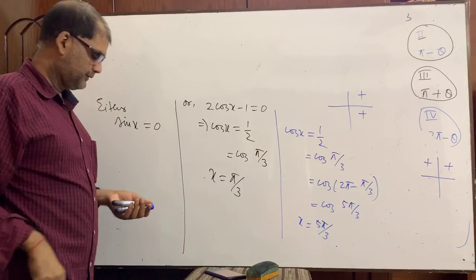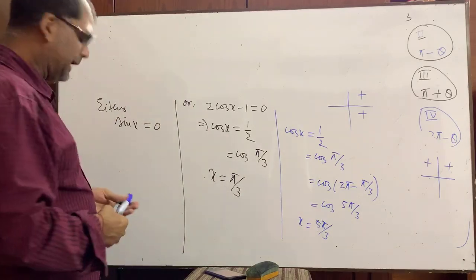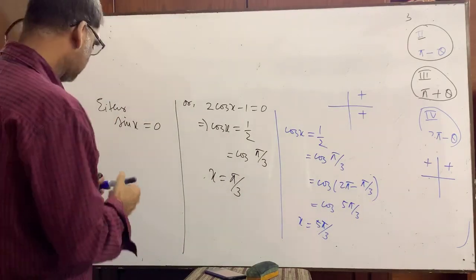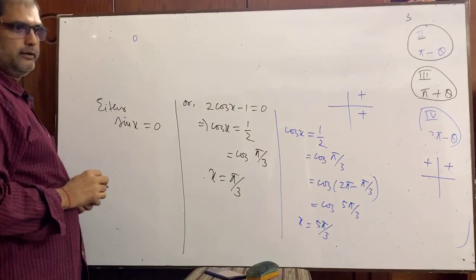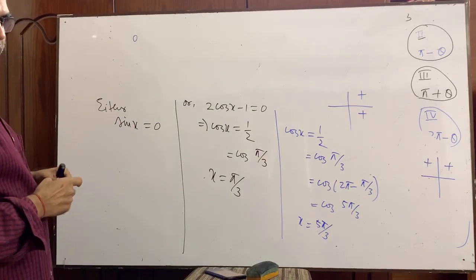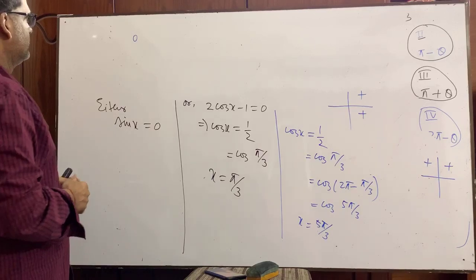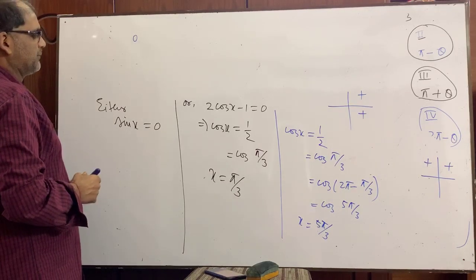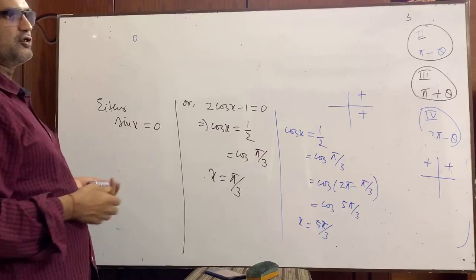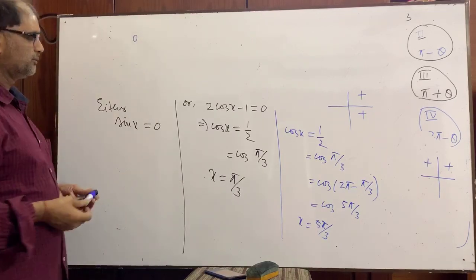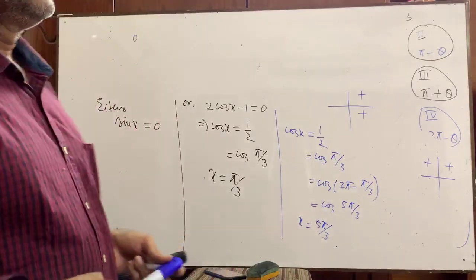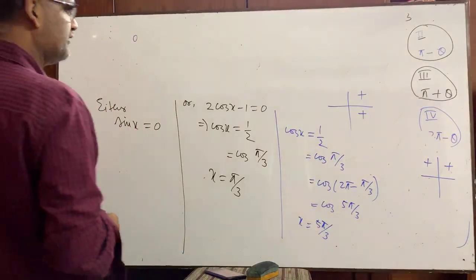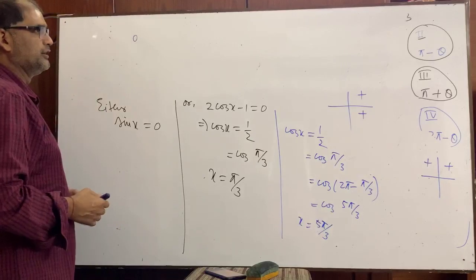Dear student, if you see any value like 0 for sine or cosine, what is meant by this? Sin x equals 0. That means perpendicular by hypotenuse, so perpendicular is 0.